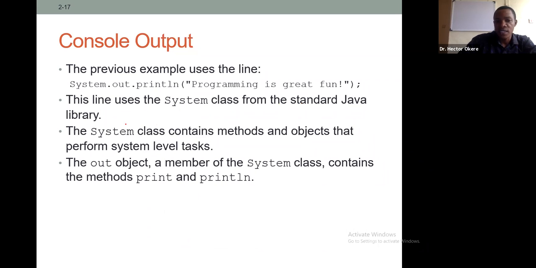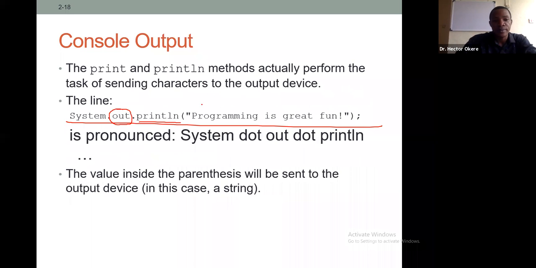From the standard Java library, the System class contains methods and objects that perform system-level tasks. The out object is a member of the System class that contains methods like print and println. Even though we print a string easily, we just put it in quotes, there are rules you must follow, all right?